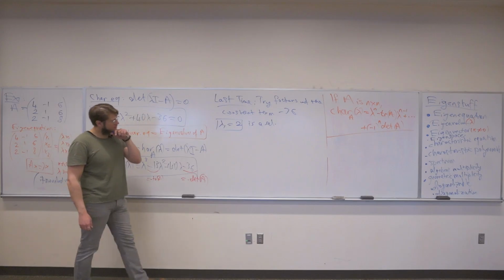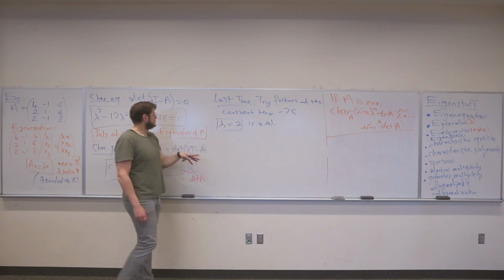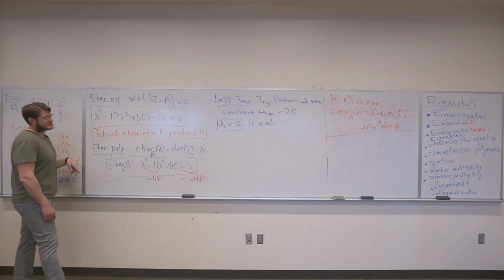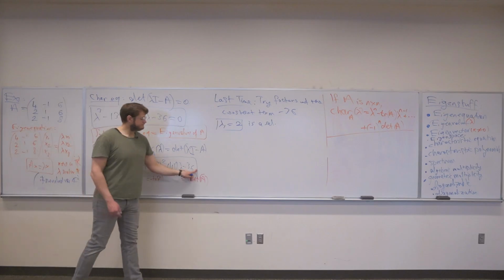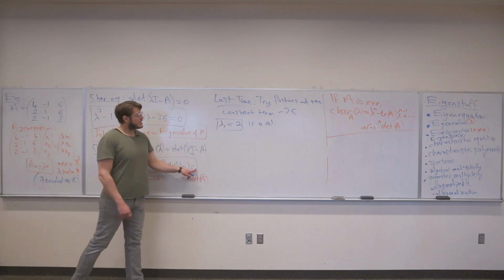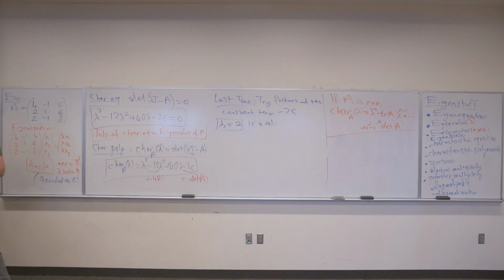So I want to say this. Saying that lambda 1 equals 2 is a solution to this equation, or in other words, it's a root of this polynomial, it's a zero of the polynomial, is the same thing as saying that you can write this polynomial as lambda minus 2 times some other polynomial.